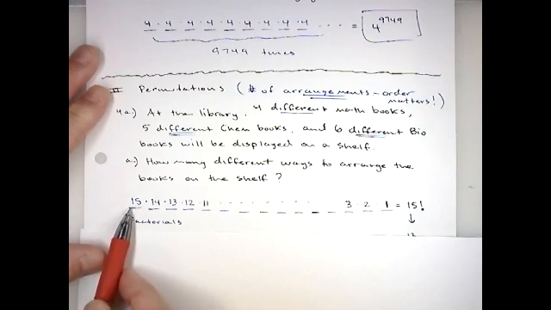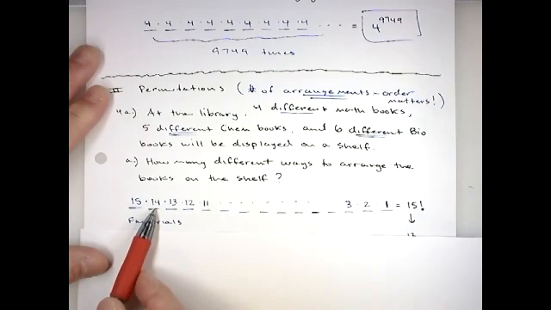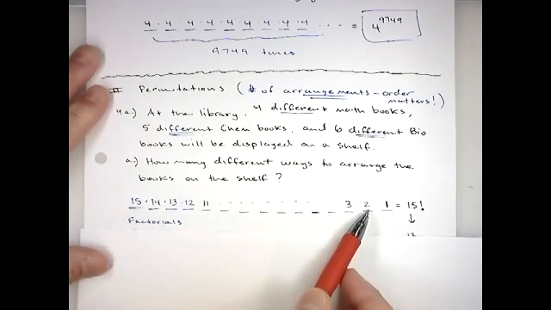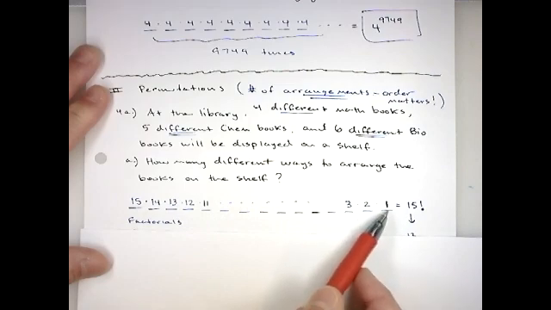There's 15 choices of placing a book on the left end. Whatever book you choose, you now have 14 choices for your next book, and then 13 choices for the one after that, 12, 11. You can kind of see this. By the time you've placed down 14 books, that last book on the right end, there's only 1 book left, so you only have 1 choice there.